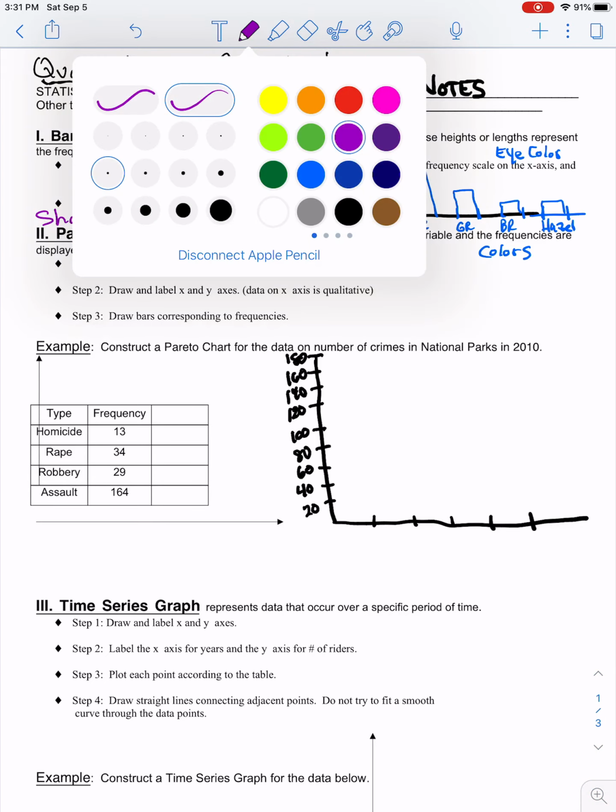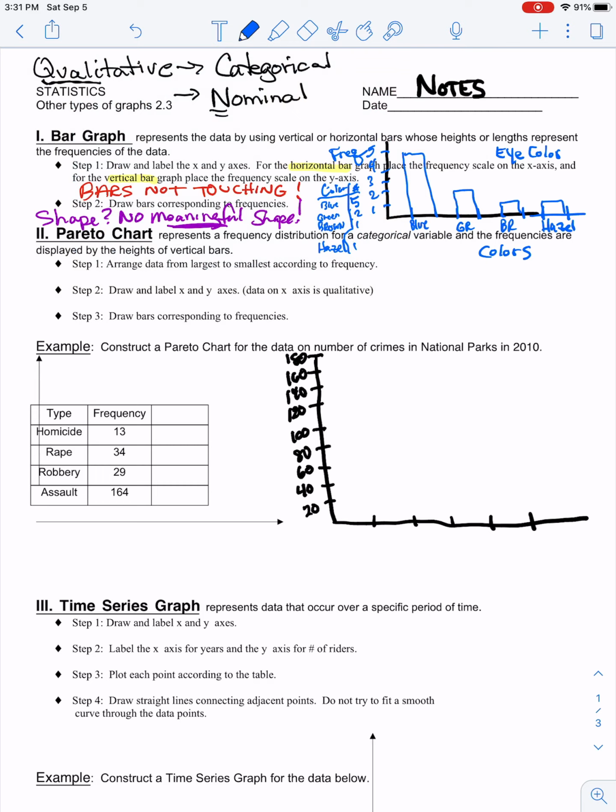All right, moving on. The next type of graph is something called a Pareto chart. In a Pareto chart, the order you put things in matters. It always wants you to list the categories from largest to smallest. This time it's vertical bars, and they will touch. I just put in here types of crimes that happen in national parks.